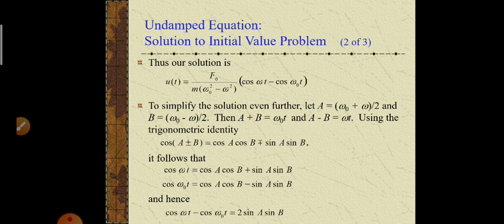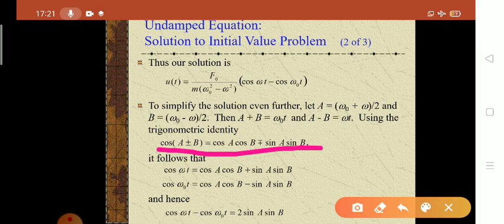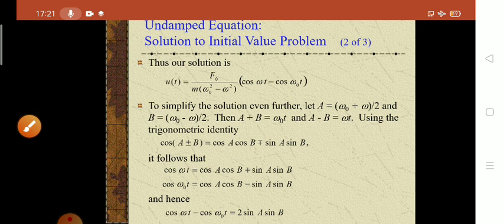Using the trigonometric identity cos of a plus or minus b is equal to cos a cos b minus or plus sin a sin b, we get cos omega t is equal to cos a cos b plus sin a sin b, and cos omega 0 t is equal to cos a cos b minus sin a sin b. Hence cos omega t minus cos omega 0 t is equal to 2 sin a sin b, right? So we are going to put this value in this equation.